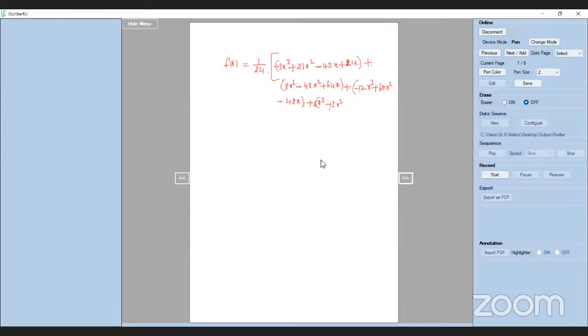Minus 15x squared plus 5 2s are 10x. Again, you can simplify this one. 1 by 24 into minus 3x cube plus 8 plus 5. Minus 3 plus 8, 5. 5 plus 5, 10.